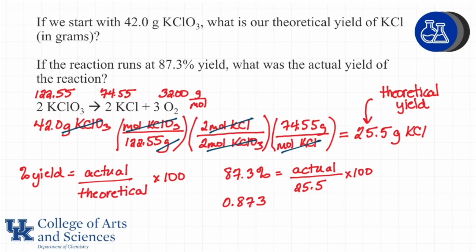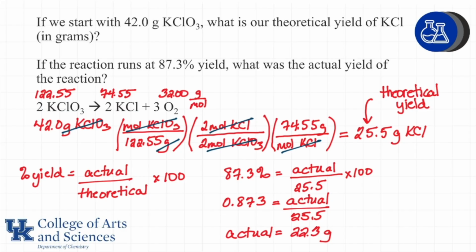I divide both sides by 100 and get 0.873 equals actual over 25.5. Then I multiply both sides by 25.5, and I get my actual yield to be 22.3 grams. And this is a reasonable answer because I expect my actual yield to be less than my theoretical yield.